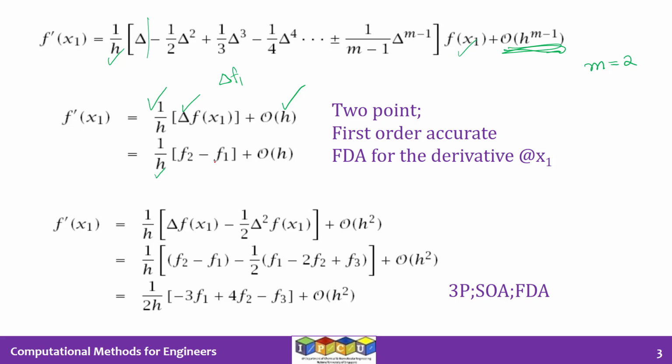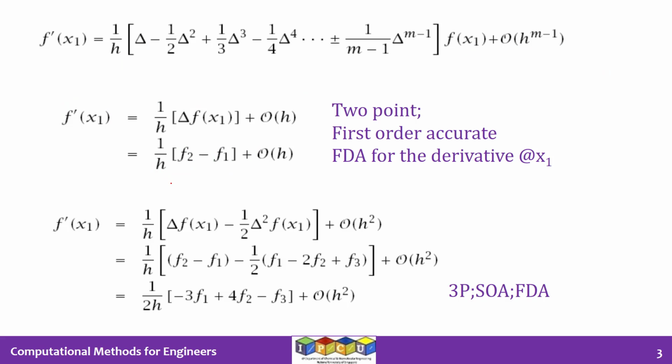So all you do is pick out f2 and f1 from the data set, find out their difference, and divide it by the step size. That will give you an estimate for the derivative of the function at x is equal to x1. And this estimate will have an error of the order of h. The size of the error will be of the same order as the step size. So if you have a smaller step size, your accuracy is going to be better.